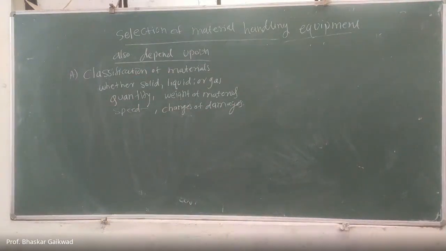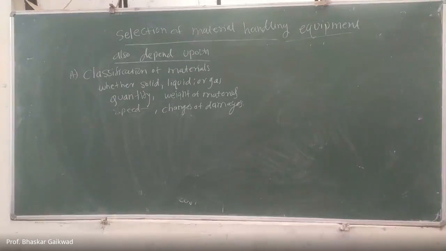Classification of materials to be handled, this many points you have to remember. In previous articles we only saw solid, liquid or gas phase. Apart from this, how much quantity you have to move from one place to the next place? How much ton weight should be there?